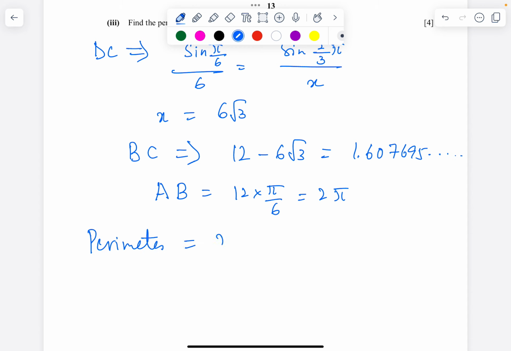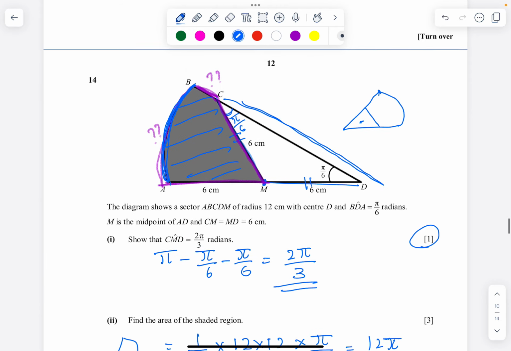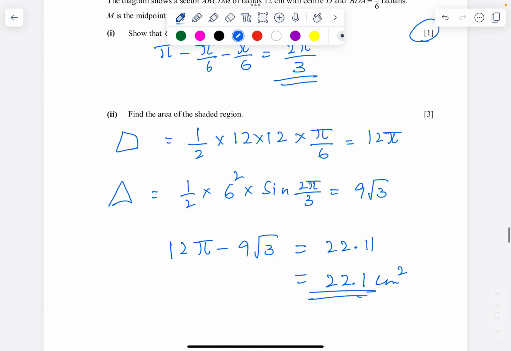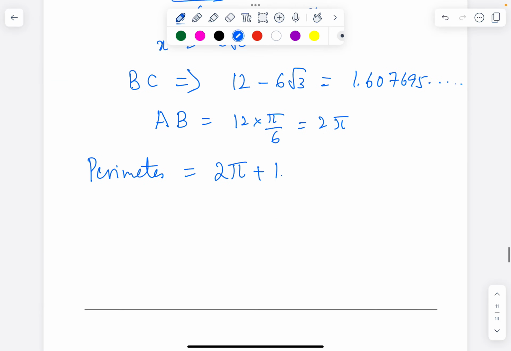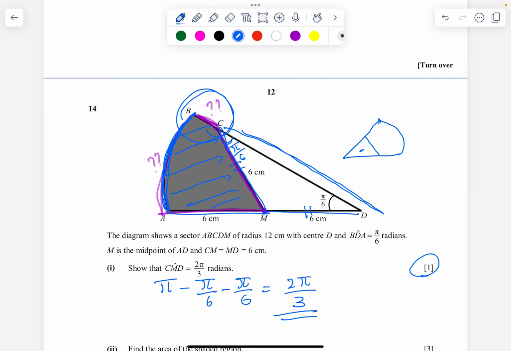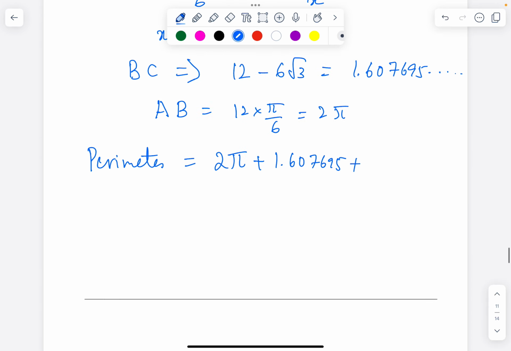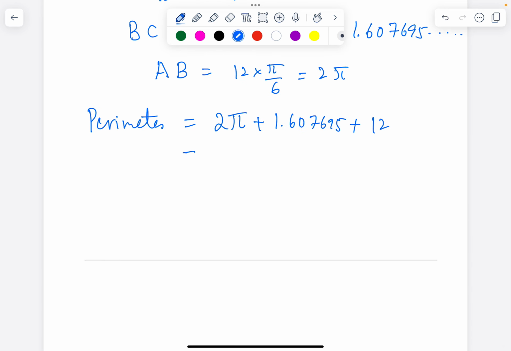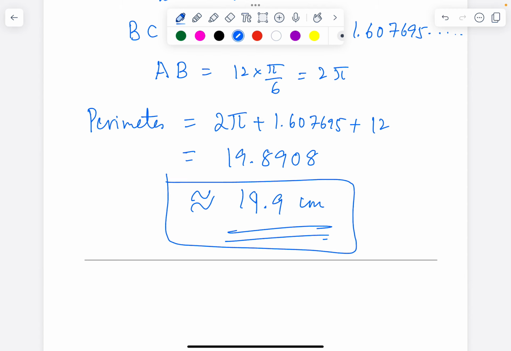The perimeter is going to be 2 pi, which is the arc length, plus the shorter length, which is this BC, which was 1.607695, plus we also have these 6 centimeters, so which is 12. So this gives me 19.8908, then to 3 significant figures, 19.9 centimeters. This is our final answer.